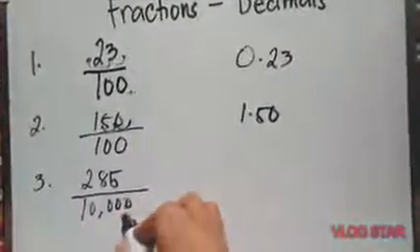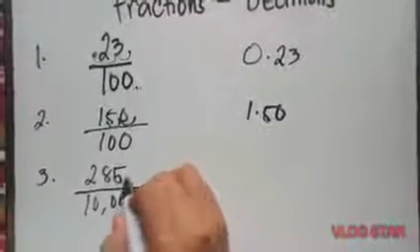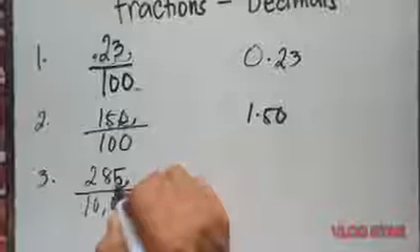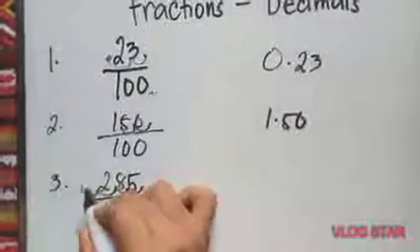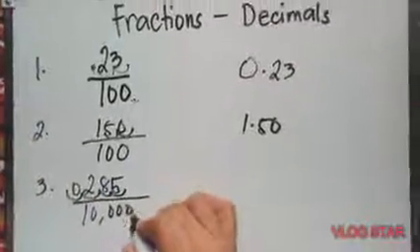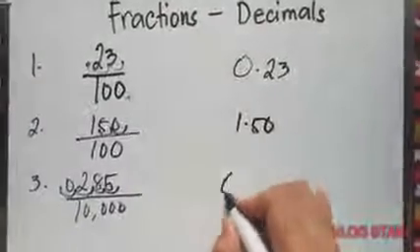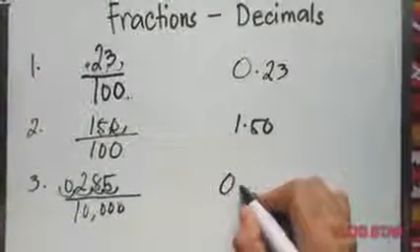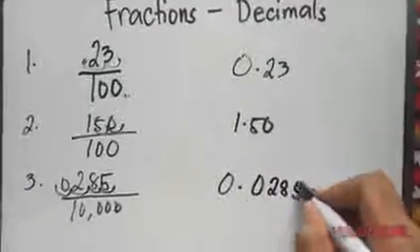Since this is ten thousandths, just count tenths, hundredths, thousandths, ten thousandths. So add 0 here. If we write this in decimal form, it can be written as 0.0285.